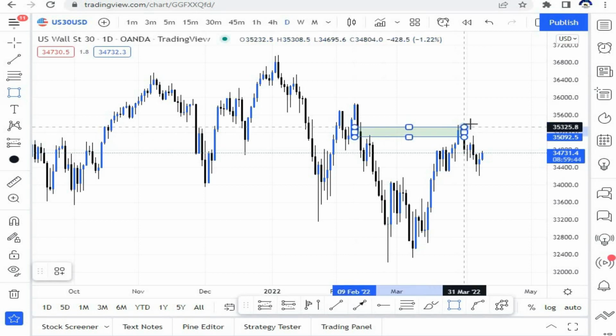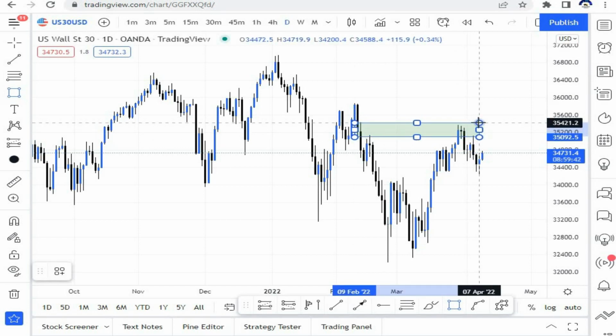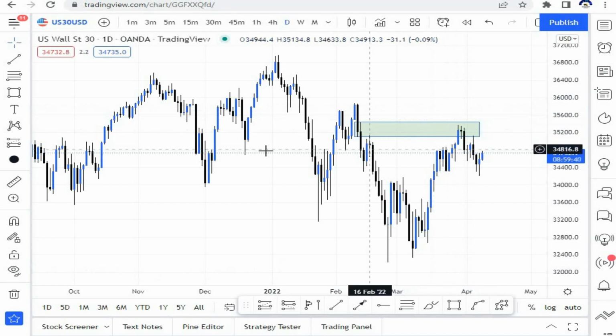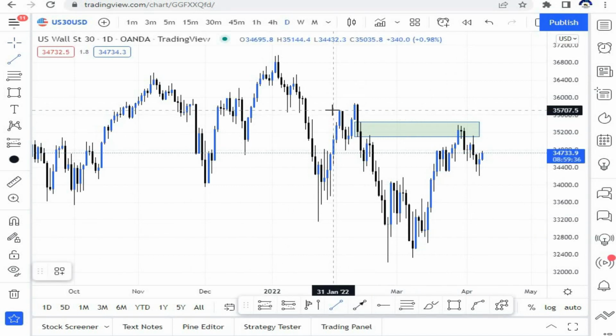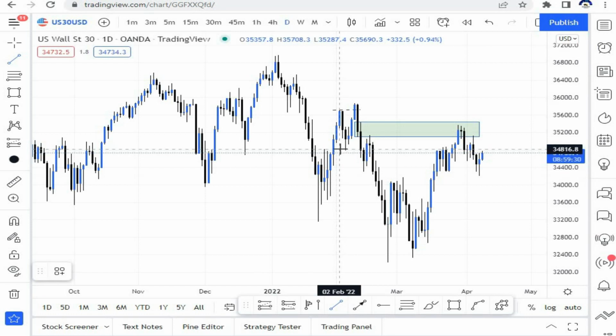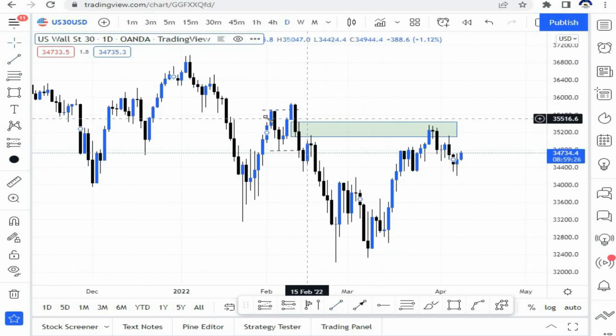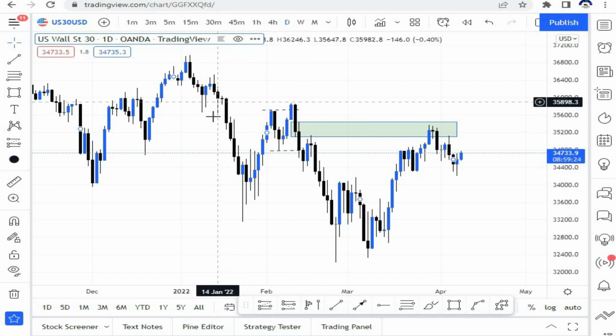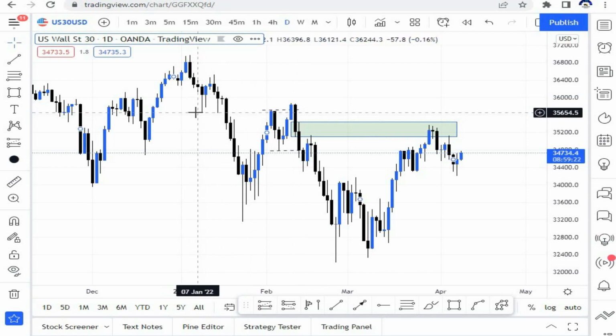You see the wick right there, and this was a breakout structure, right? Change of character was made, and this is the daily time frame, and you can even see that the price just came back to test this zone. Why? Because it was responsible for breaking this zone right there.